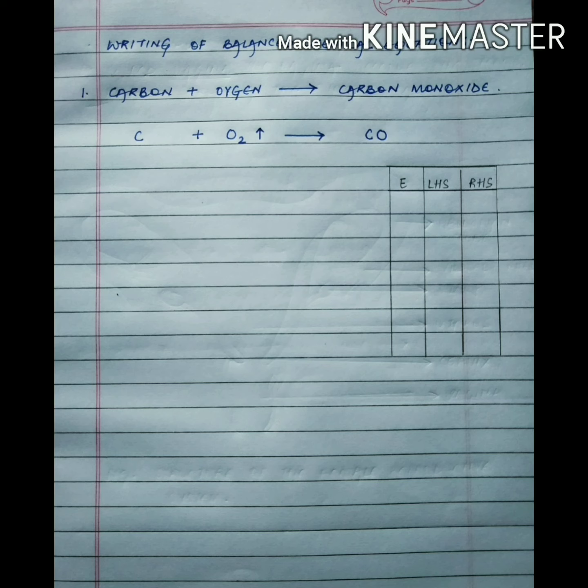Now if you look at the picture that I am showing you all, just below the equation that we have written, I have drawn a small table where E stands for elements, LHS stands for left hand side, and RHS stands for right hand side. All of you will also draw this table now.